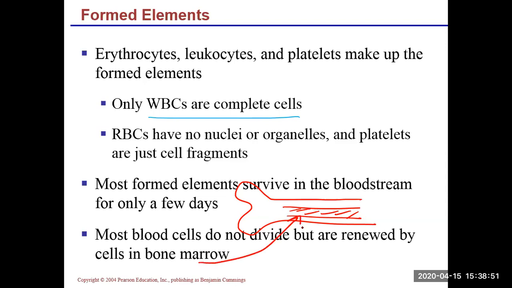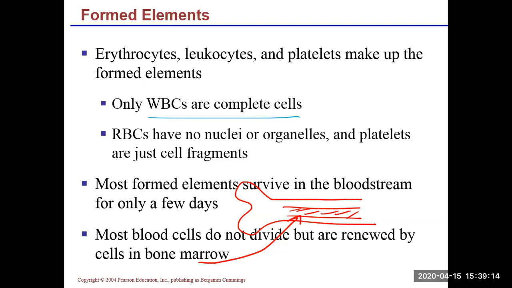It depends on your needs. If you have an infection, hey, we need more white blood cells, so white blood cells get more manufactured. If you need more red blood cells, more get manufactured. You need to replace one, they replace it for you. So it really depends on the bone marrow.